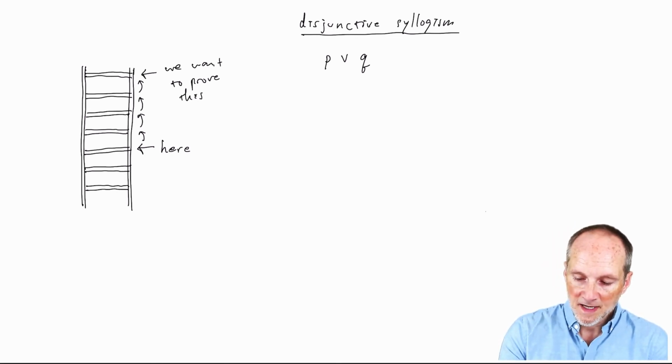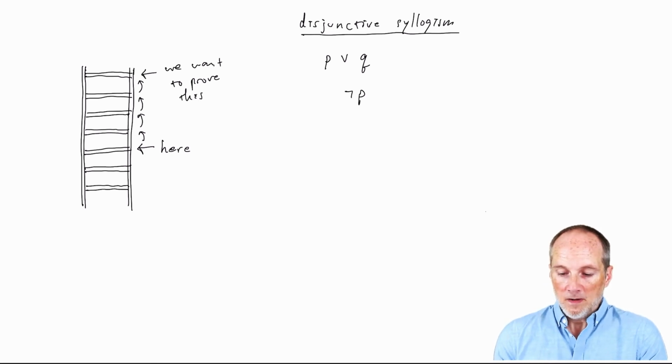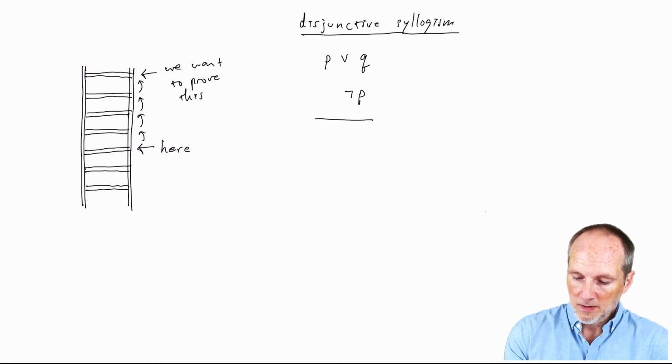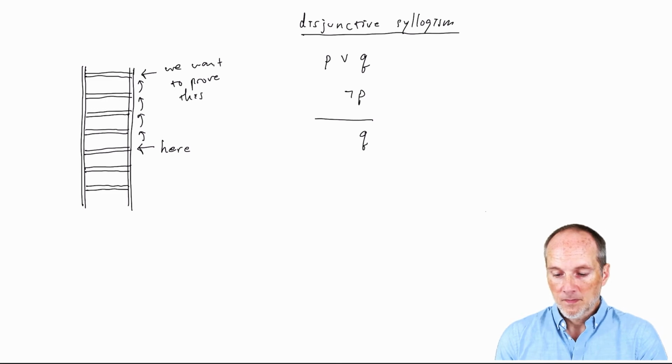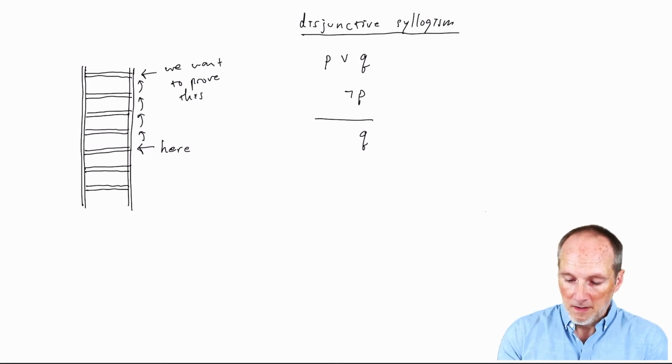But now suppose the second rung of the ladder is not P. And that's where we're standing, okay? Well, this logical rule of disjunctive syllogism allows us to take another step up the ladder and conclude that Q is true. And that makes sense, right? If at least one of them is true, but P is not, then Q must be. That is taking a step up the ladder.